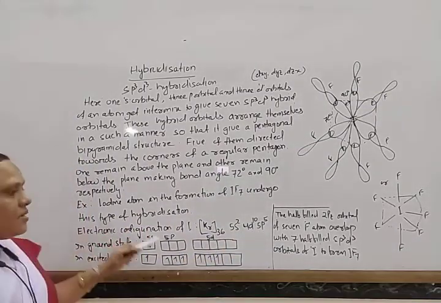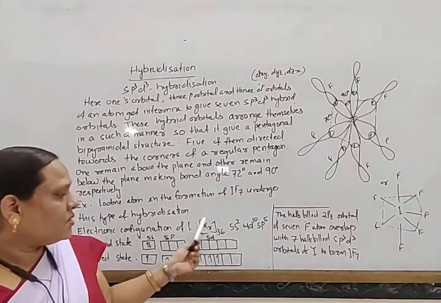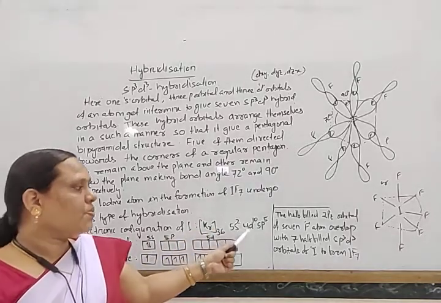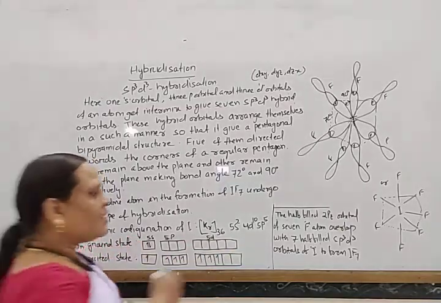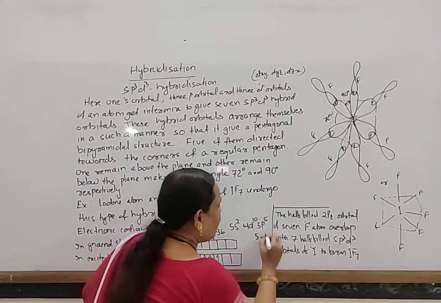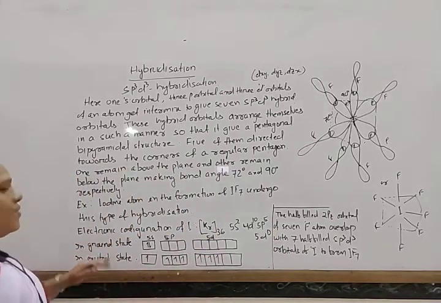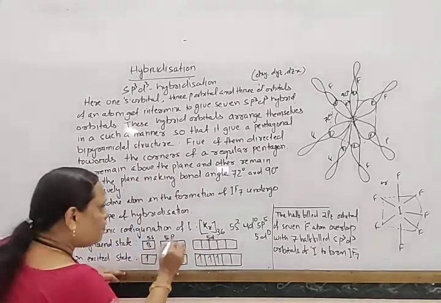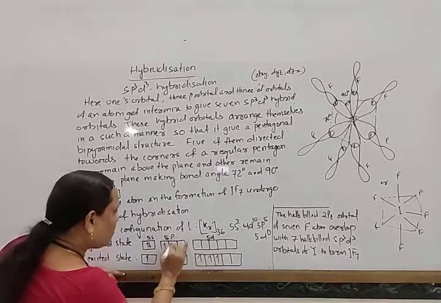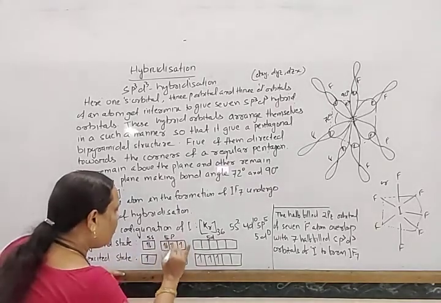Iodine has atomic number 53, electronic configuration [Kr] 4d10 5s2 5p5. Here 5d is also there, but that is vacant, 5d0. So when we arrange the valence shell orbitals in the ground state, 5s2 and 5p5, 1, 2, 3, 4, 5.